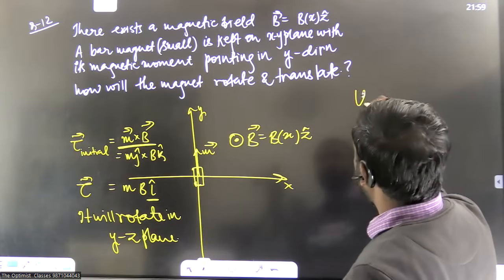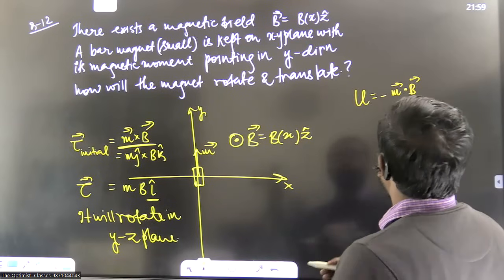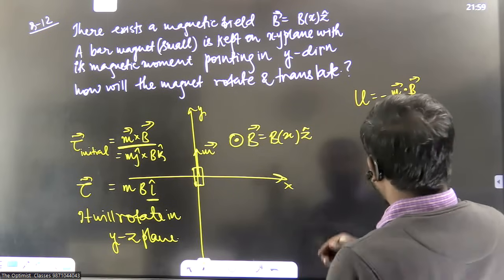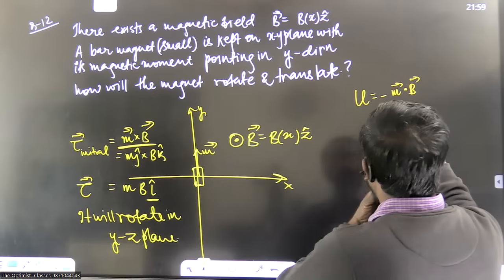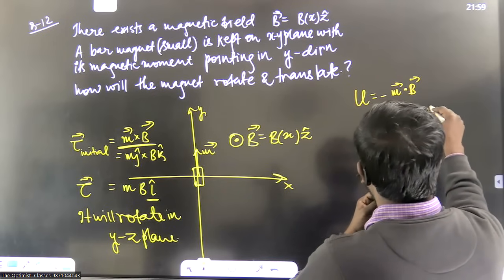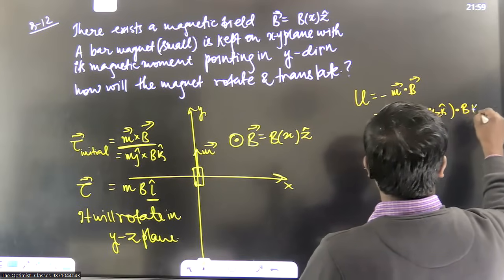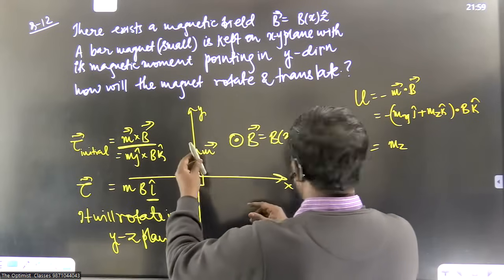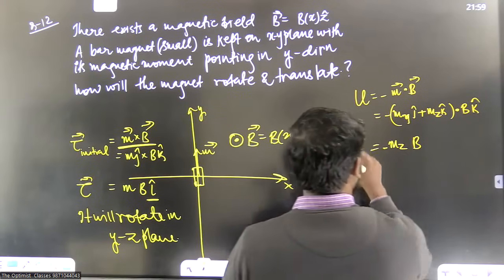If you calculate the potential energy, we write minus m dot B. Since m has components m_y j and m_z k, and the magnetic field is in the k direction, we get minus m_z B, which is the potential energy.